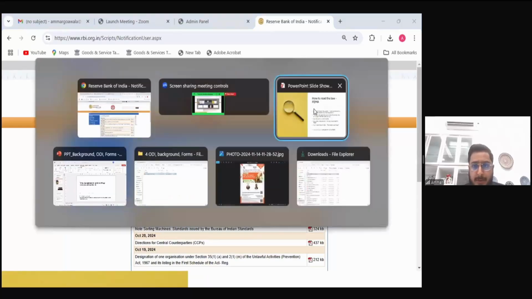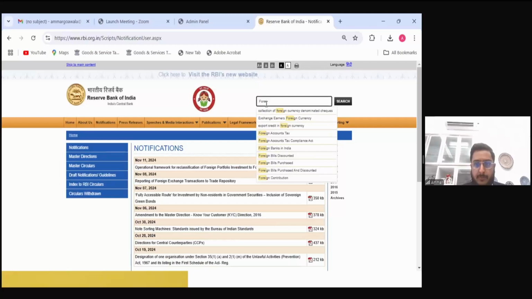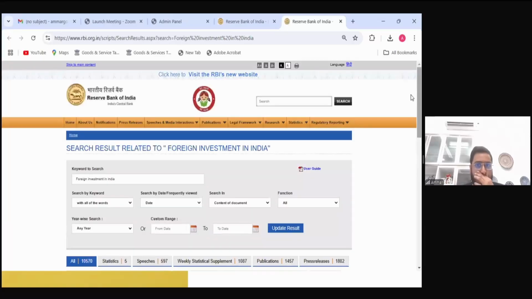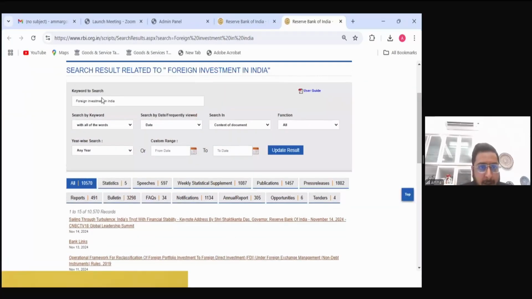I'll just type foreign investment in India. When I type foreign investment in India, there's an option to search with the exact phrase, and I'll just update the result.